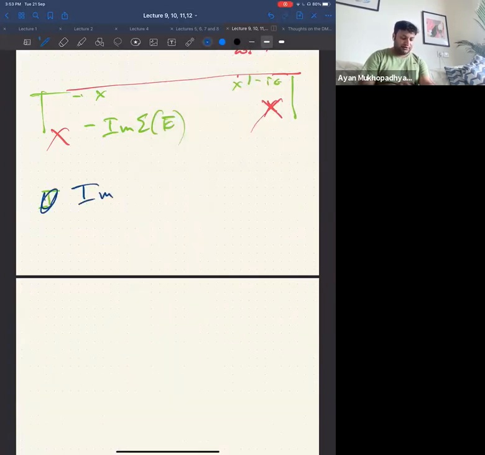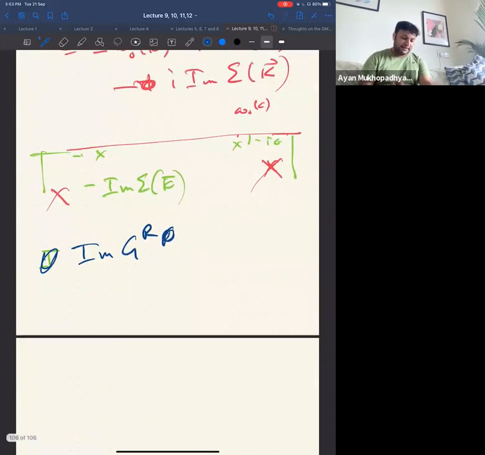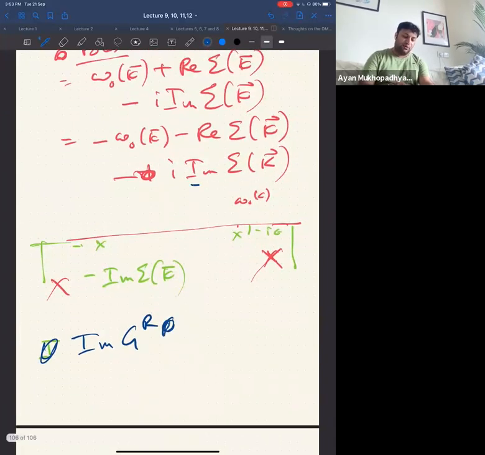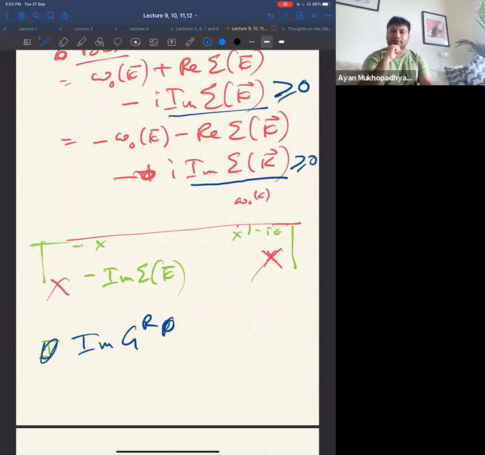If I look at imaginary G R, right? So first of all, it's very important that this imaginary part of the self energy is greater than or equal to 0. Otherwise, the interpretation is that your retarded response has to be always positive, right? Now, if your imaginary part is positive, what does it mean?